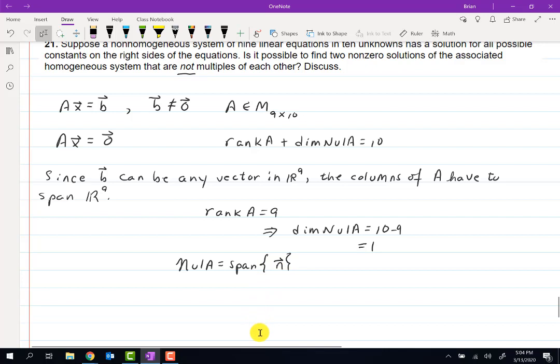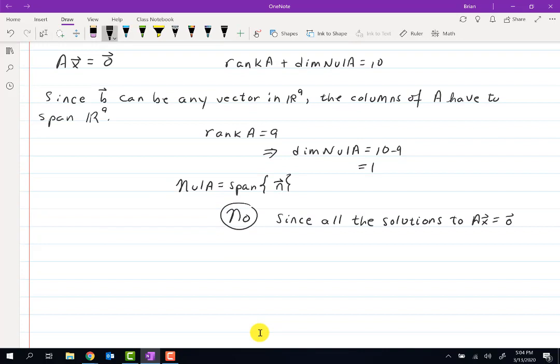So the answer is no. In a sense, all the solutions to AX equals 0 are all multiples of a single vector.